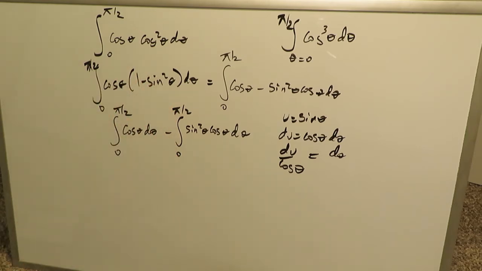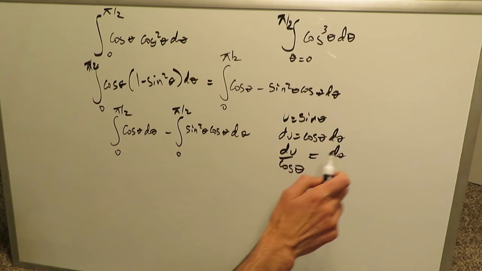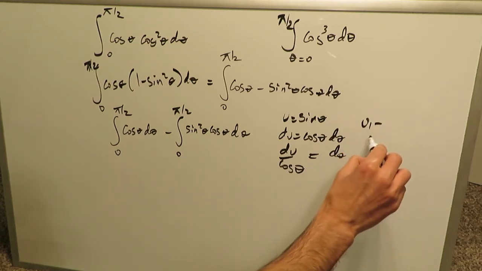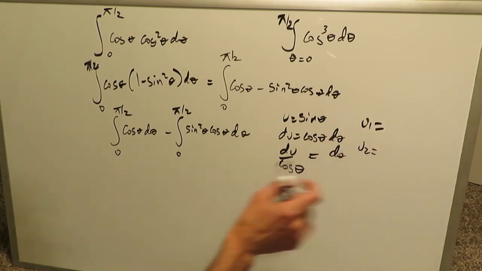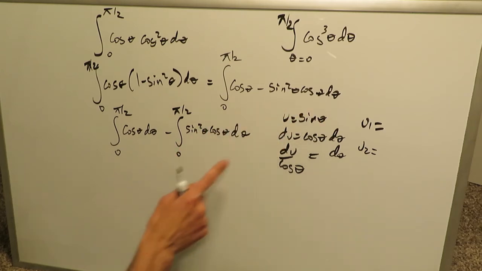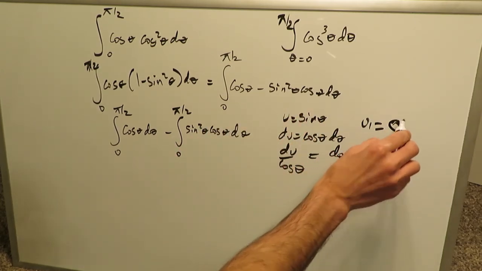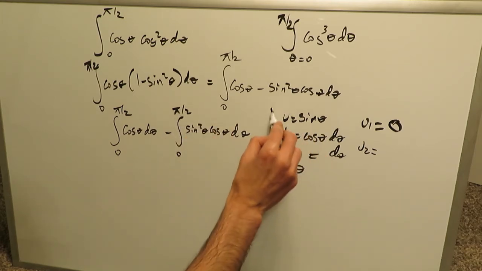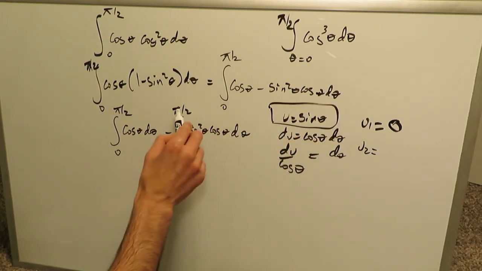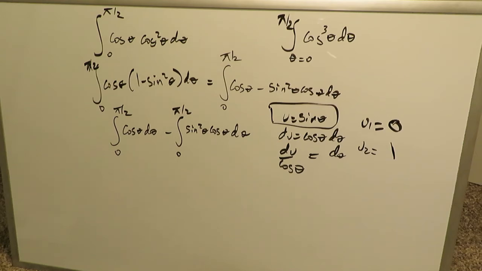You've altered these intervals with this substitution. Therefore, if this was theta 1 and this is theta 2, now you have a u1 and a u2. Sine of 0 is 0, that's your u1. Sine of 90 is 1, that's our u2.